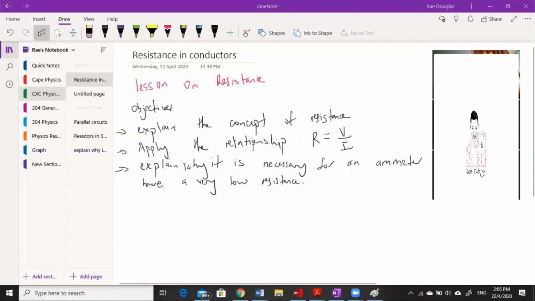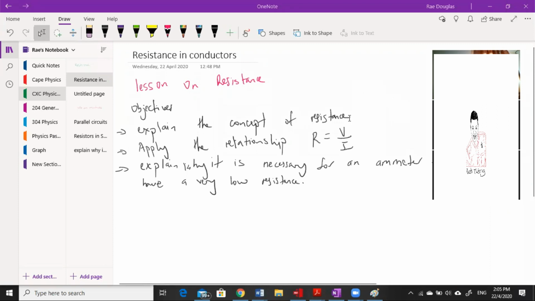So we want to apply that in the real sense. In addition, we want to explain why it is necessary for an ammeter to have very low resistance.